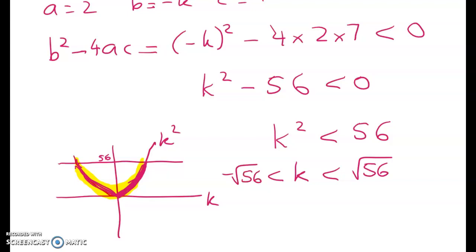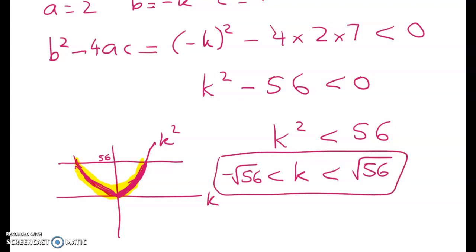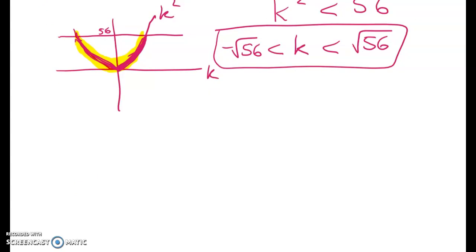I've deliberately made these questions not having easy numbers because they're typically at least merit questions. But let's look at how we do that with an easier example. So that's my final answer there: any value of k between negative root 56 and positive root 56. But suppose that I just had k squared is less than 9. Well, then what would I have?